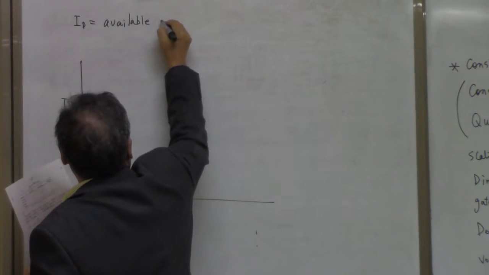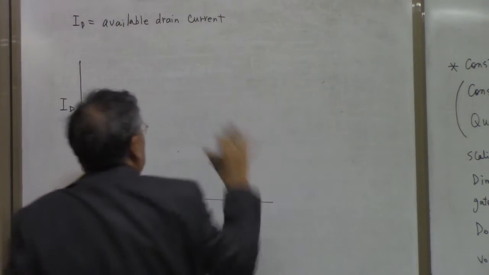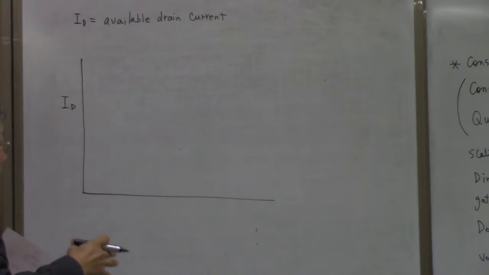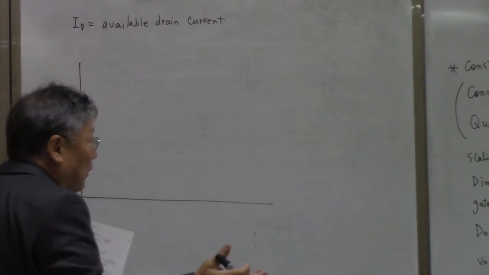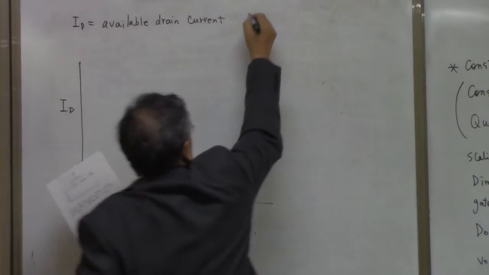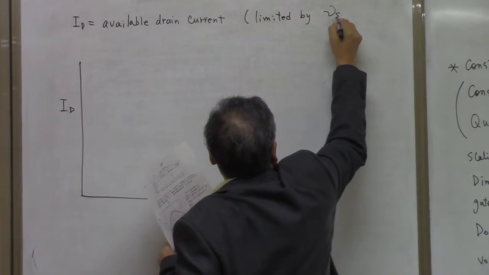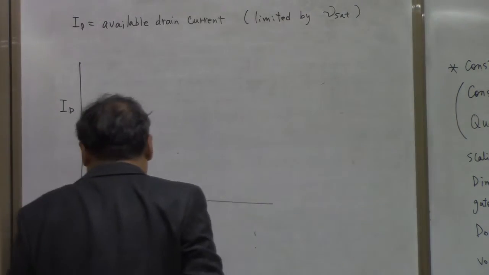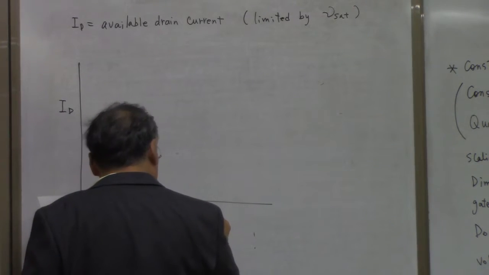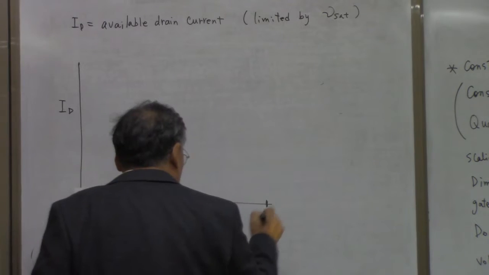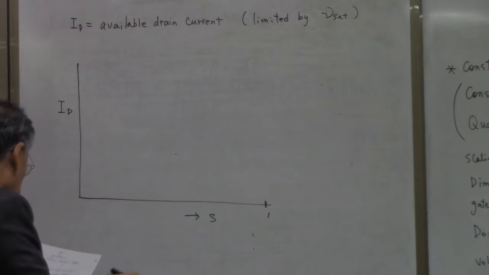Available drain current means the drain current is going to be saturated. It's limited by the saturation, and those are physical parameters, limited by what we have discussed before. And this is the scaling factor, and here is 1, and then it goes down, something like that.